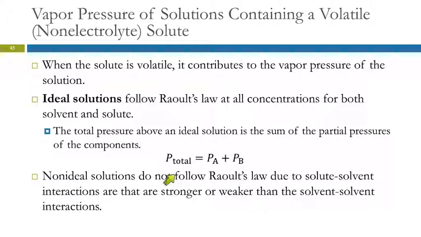In this case, the total pressure above that ideal solution is the partial pressure of the solute plus the partial pressure of the solvent. Non-ideal solutions do not follow Raoult's Law, because of interactions between the solute and the solvent molecules. If their attractions are strong, if they like each other, then the vapor pressure is going to be less. If they dislike each other, the vapor pressure is going to be larger.